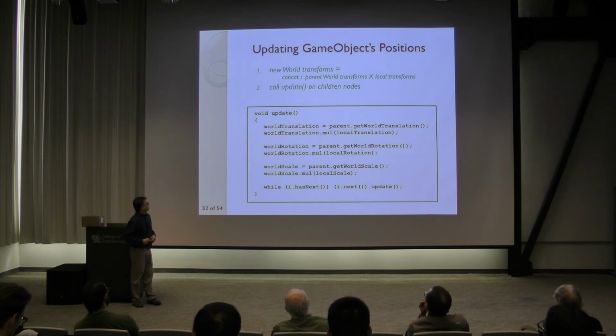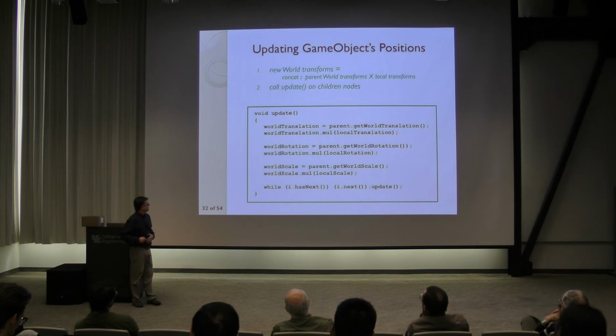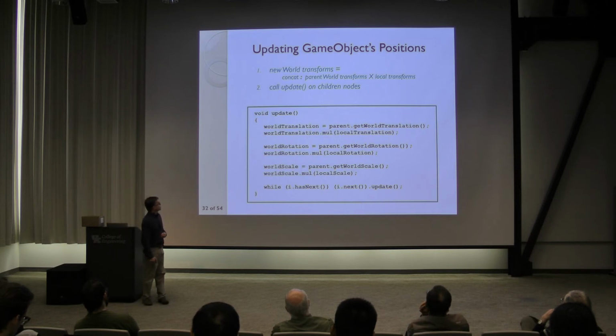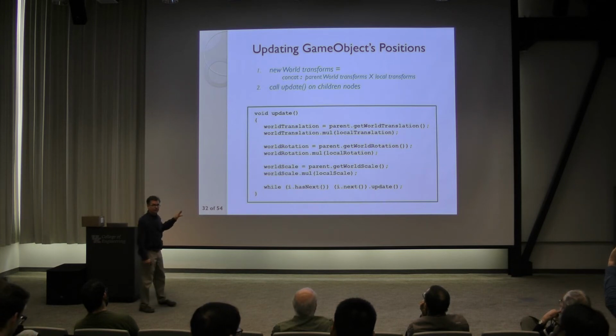You get the parent's world concatenated to your local, do the same for the rotation, the same for the scale, and then iterate through your children, telling them to update. So it's kind of recursive. This is sort of a pseudo recursion, right? You're not actually calling it on yourself, you're calling it on your child's object. You didn't get all that right away? Don't feel too bad. Yes?